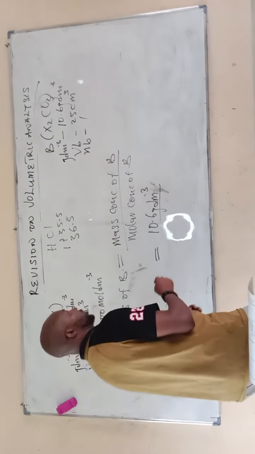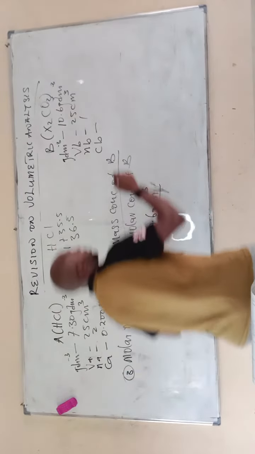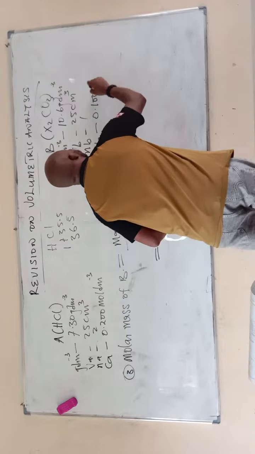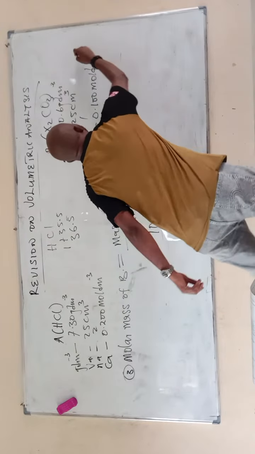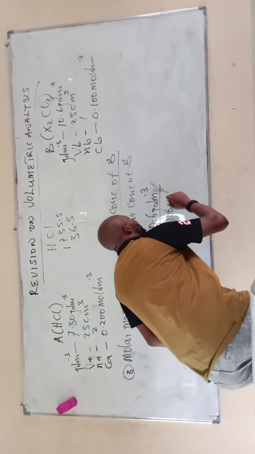The molar concentration of B, CB, it was 0.1. 0.100 mole per dm3.